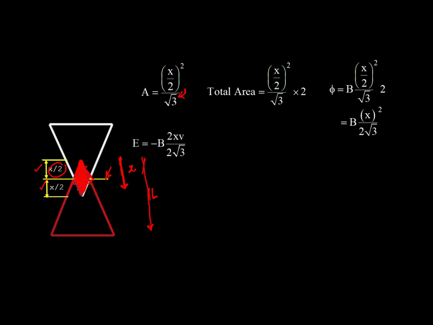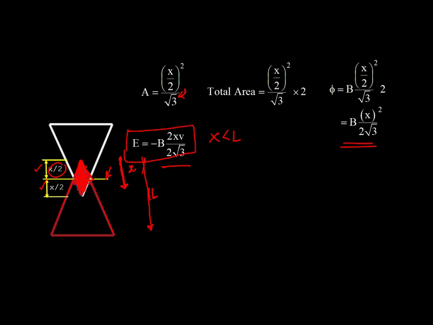So EMF is minus d phi by dt, and this is the expression for phi, and if you differentiate this, you'll get this result, and dx by dt is obviously V. Okay, so this is the expression for EMF. This is the expression of EMF when x is less than L.